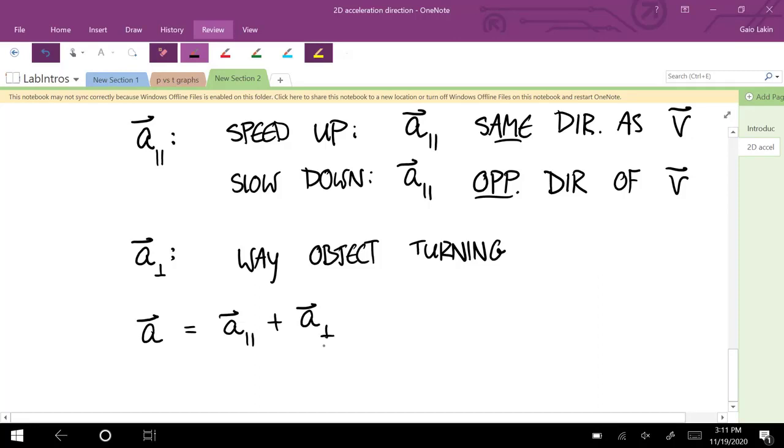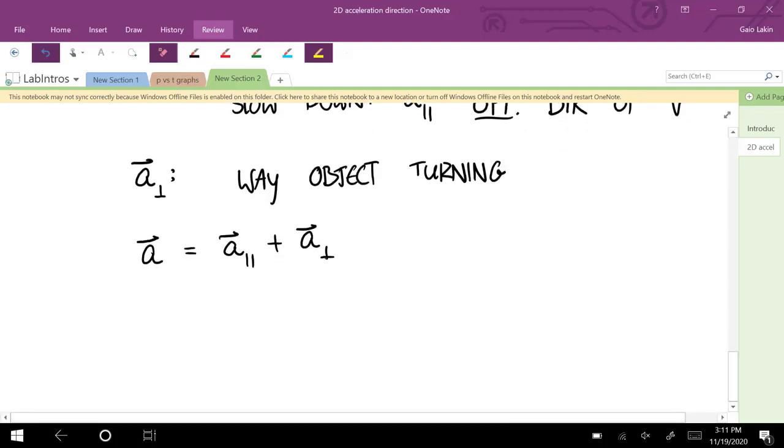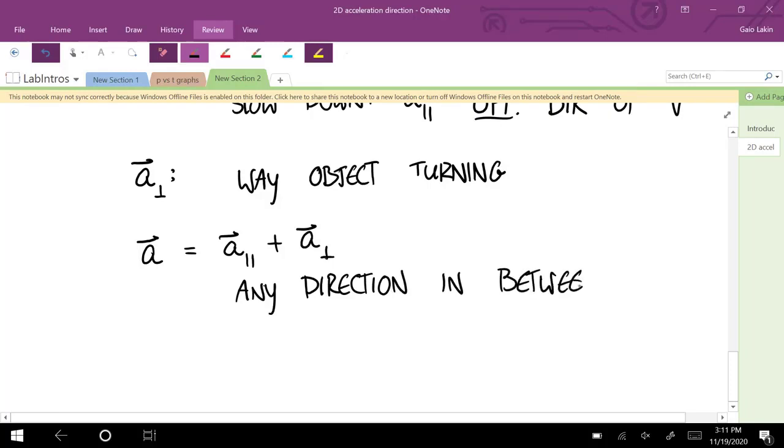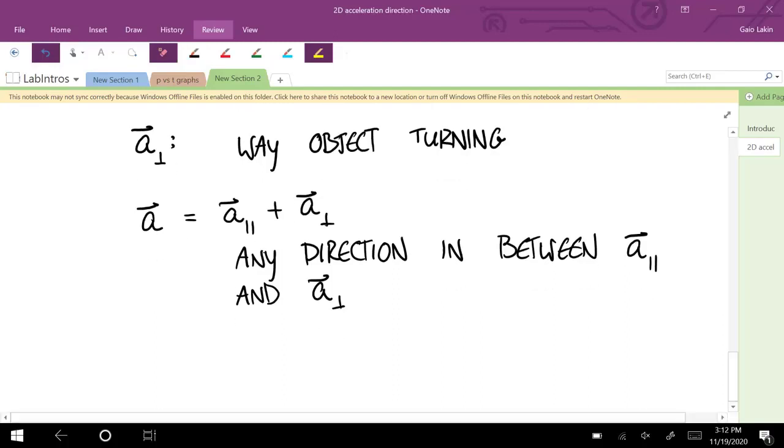But the total acceleration is going to be anything in between those two directions. Okay, so let's see how this works in some example problems.